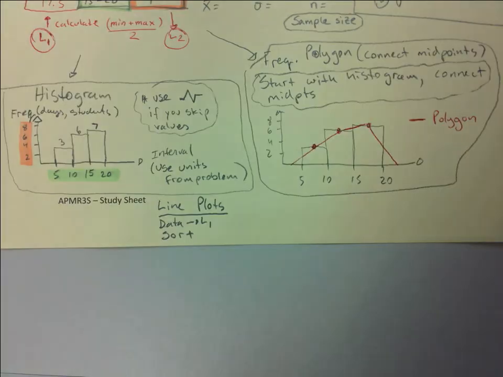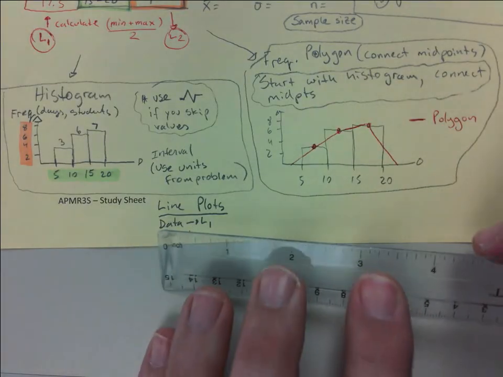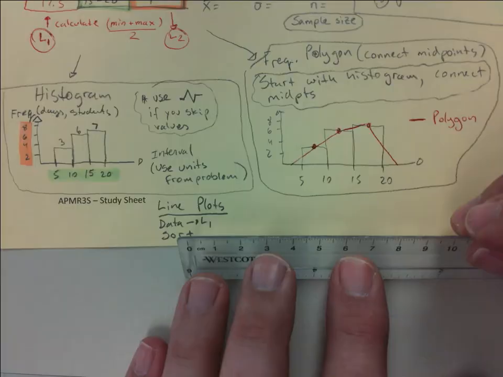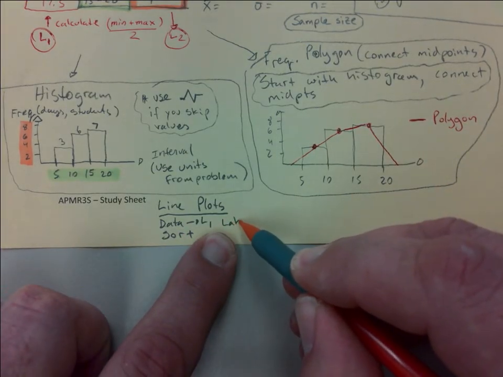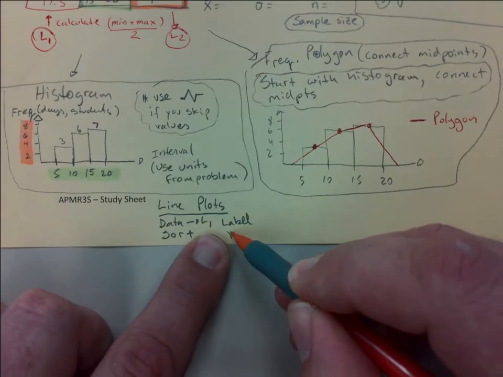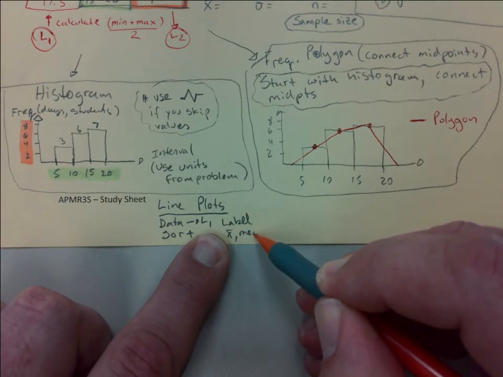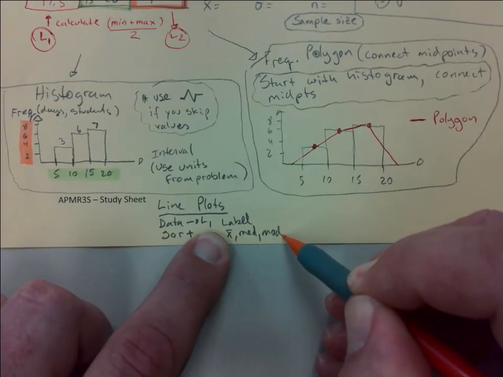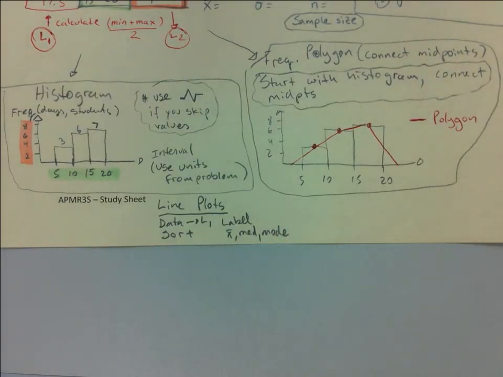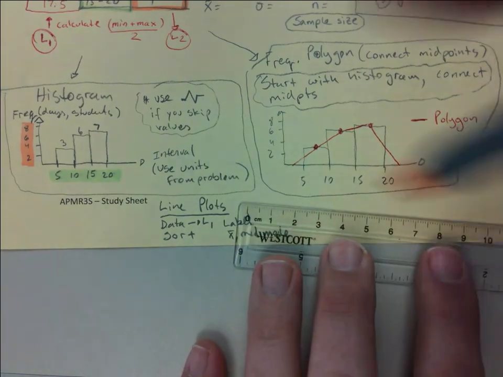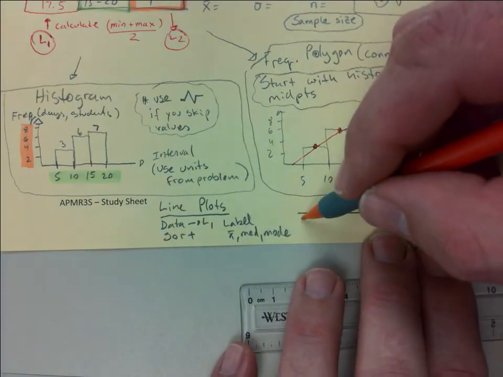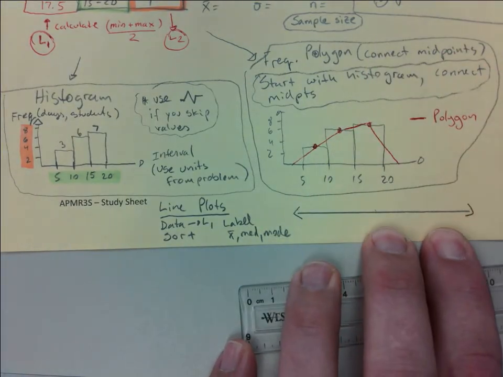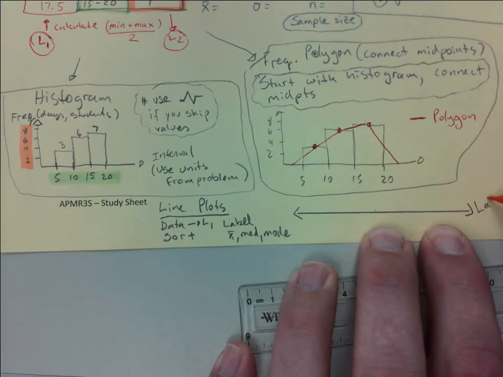Then you make a line. I will say data, sort, label, mean, median, mode. And just make your line like this. You should have a label here, label and units.